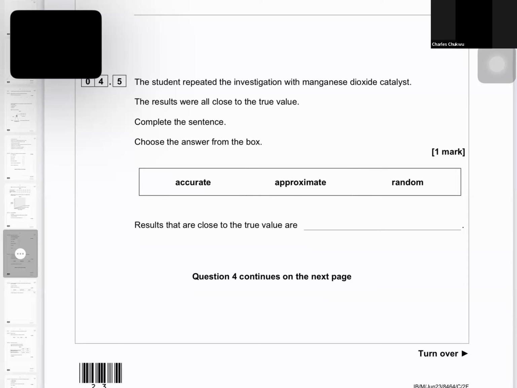I think it's safe to go with approximate, as long as it's not exactly the true value. Does the scheme say otherwise? It says accurate.